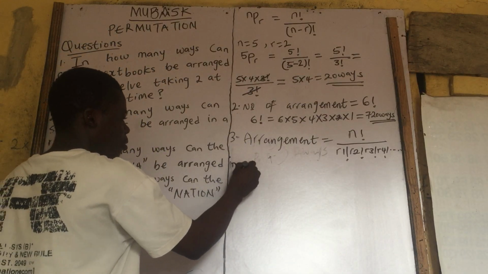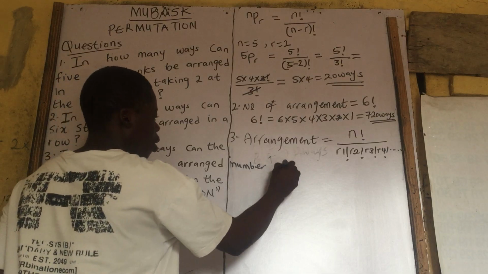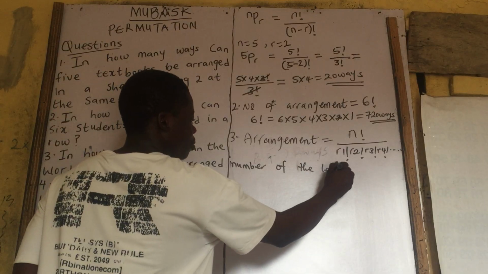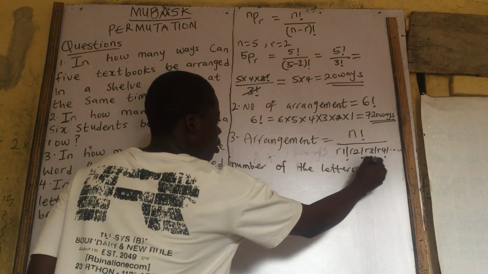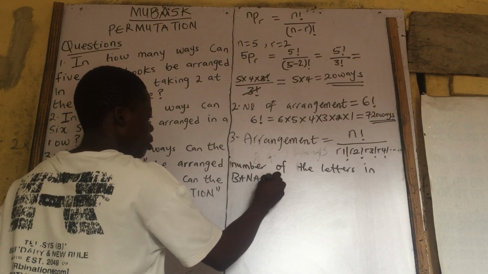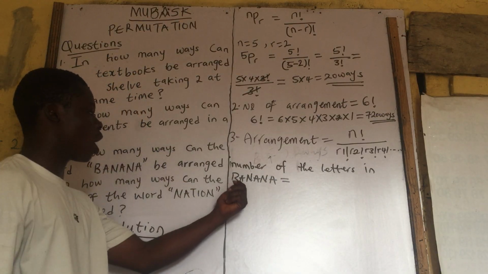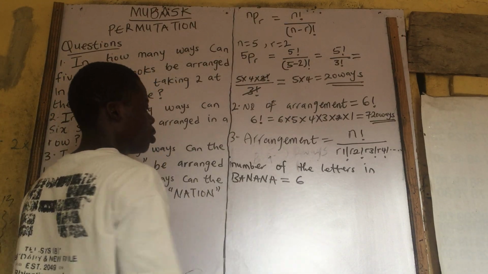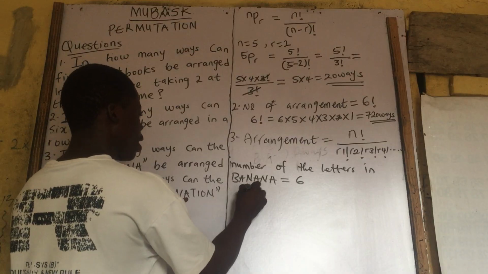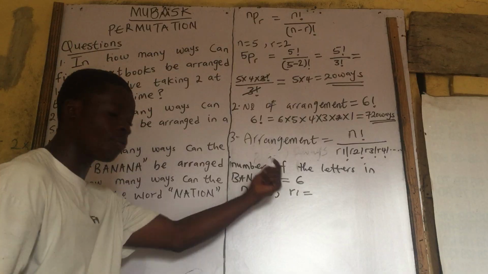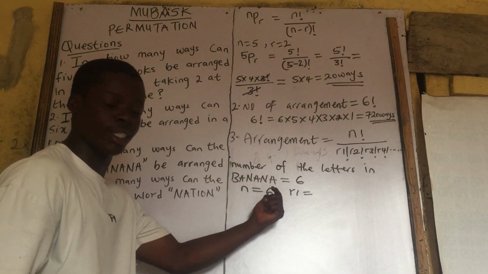The number of letters in banana: 1, 2, 3, 4, 5, 6, is equal to 6. So that means our n equals 6.